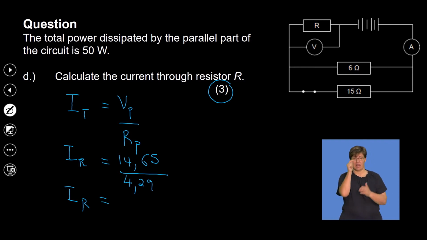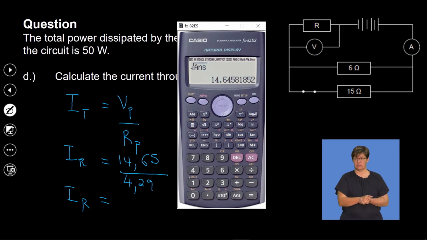Now we go to our calculator. We've got 14,65, and we divide that by the effective resistance of the parallel combination, which is 4,29. It will give us the magnitude of the total current in this circuit, which is 3,41 amperes.